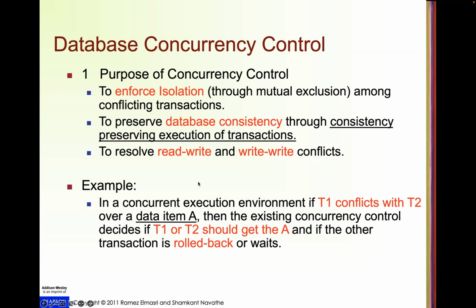For example, if there is a data item X and I am reading it and you are writing on it, there is a high possibility that I read the data item after you have changed it, or before you have changed it. In either case, the first read and the second read answers will be different.